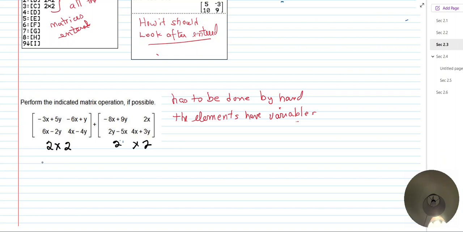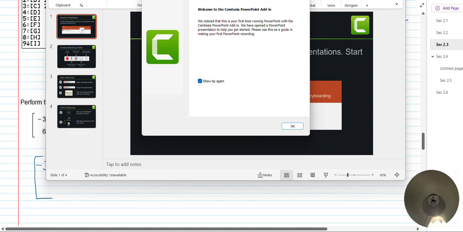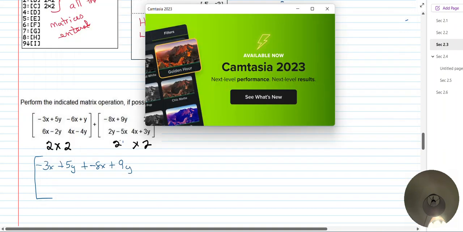So I'm going to have a negative 3x plus 5y plus a negative 8x plus 9y. All right, so that's my first term. Now my second term, sorry about that. I'm not wearing my glove. Okay.